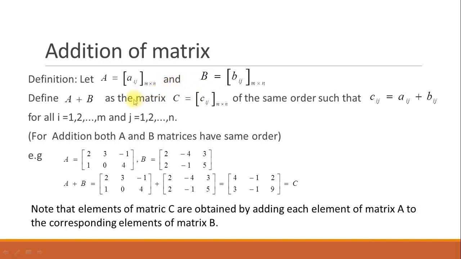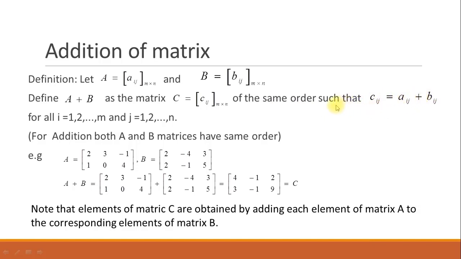And then how to add two matrices? For A plus B, we get the matrix C equal to Cij, m by n, of the same order, such that Cij is equal to Aij plus Bij.